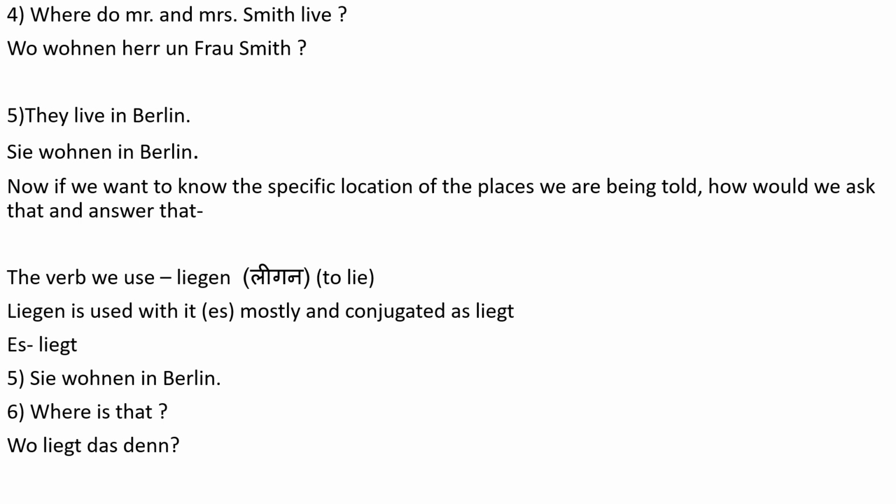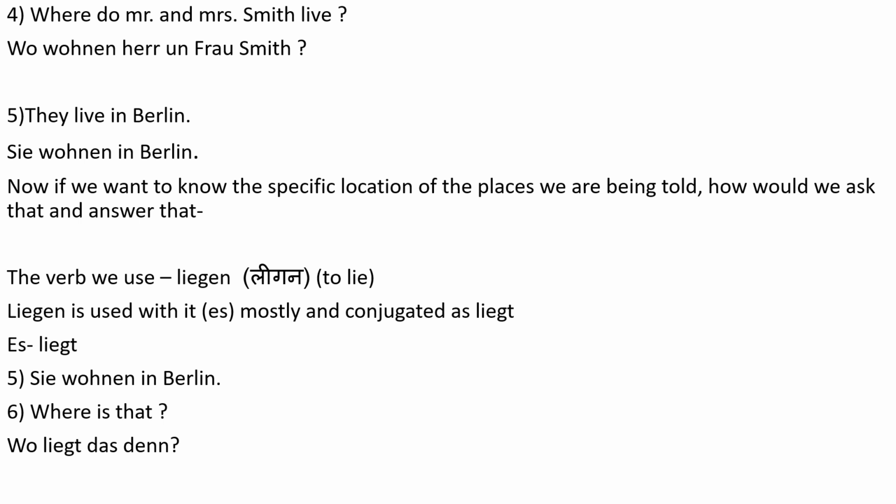Now if we want to know the specific location of the places we are being told, how would we ask that? The answer, as you have already seen, is sie wohnen in Berlin. If we want to ask where Berlin lies on the map, we use the verb liegen.